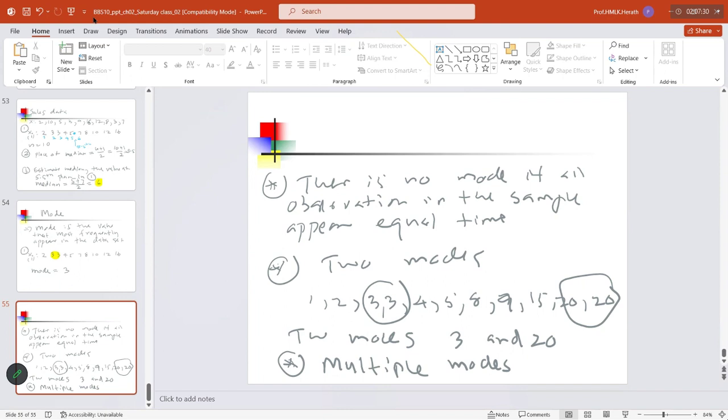All right. So next we will be talking about the measures of dispersion.